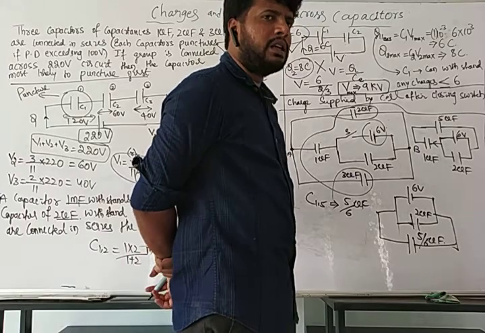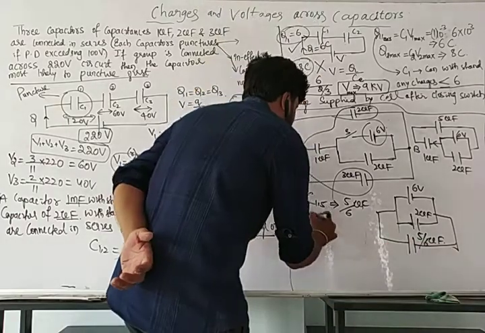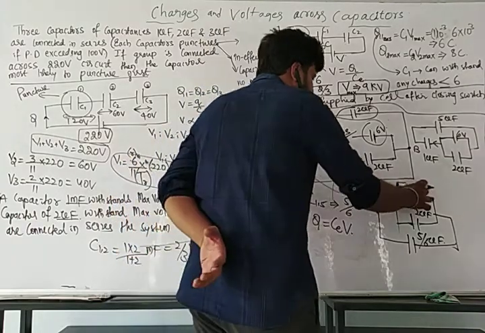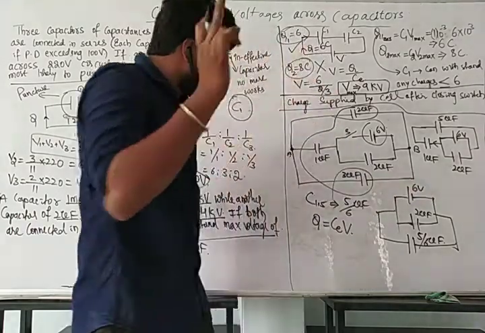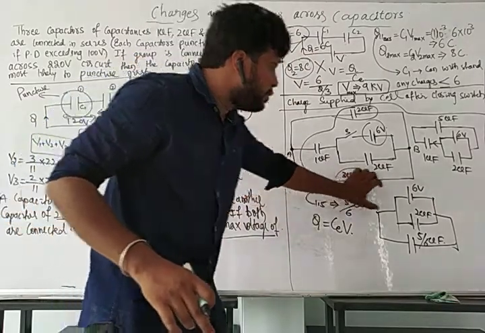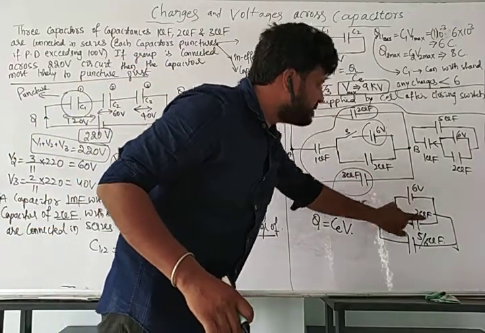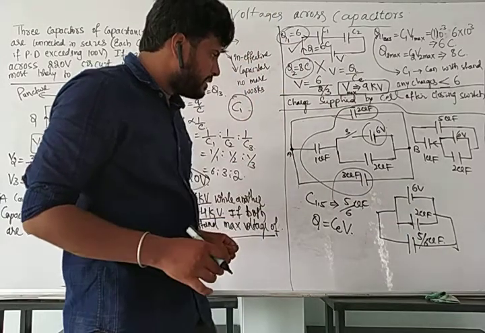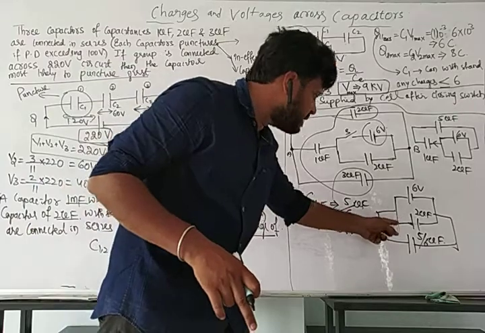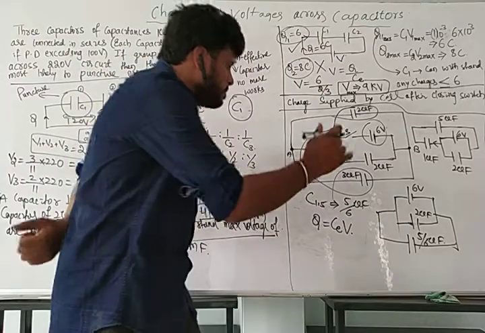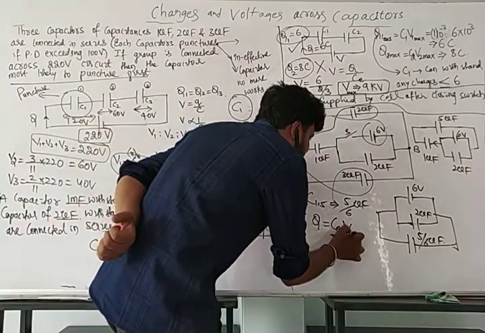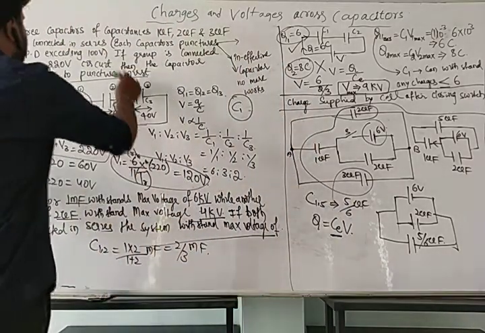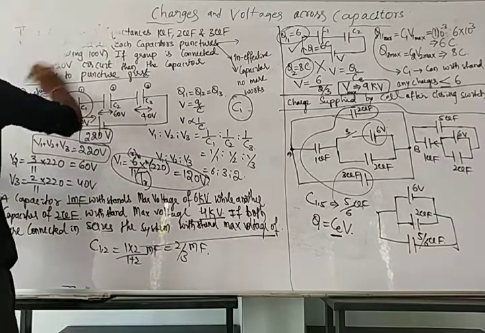Total charge q equals C equivalent into voltage. We already know the supply voltage here, but still, to find total charge we have to replace all the capacitors with one single capacitor. To make that possible, we still have to work on this circuit. So CE we need to find, V we already know.